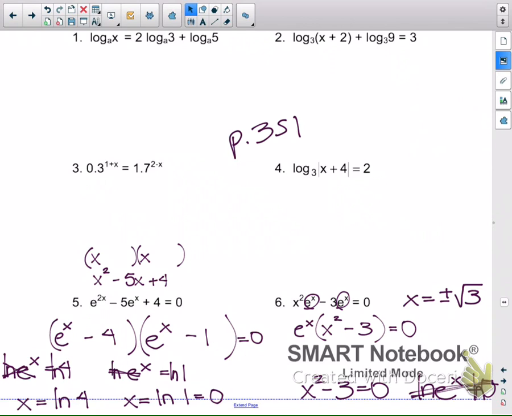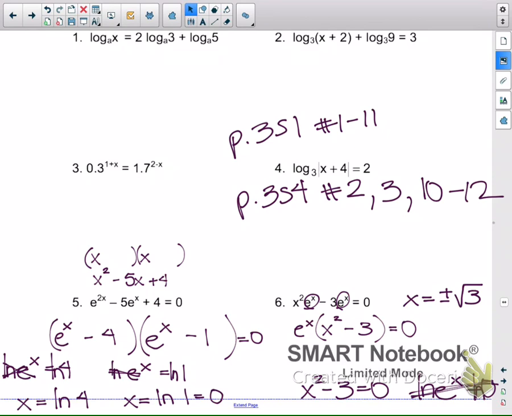We're going to go ahead and do question 1 through 11. And then we're going to do page 354. I'm going to pick questions on this one. 2, 3. Let's do 10 through 12. I think that's good.